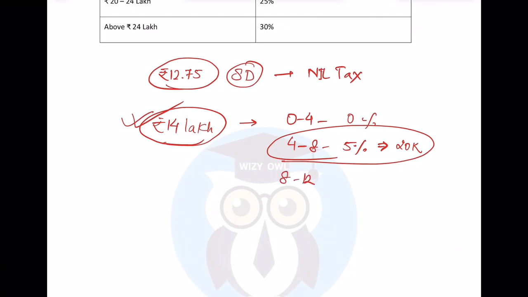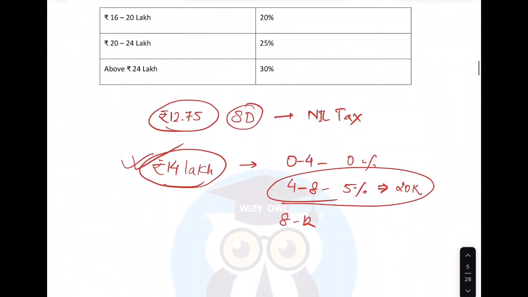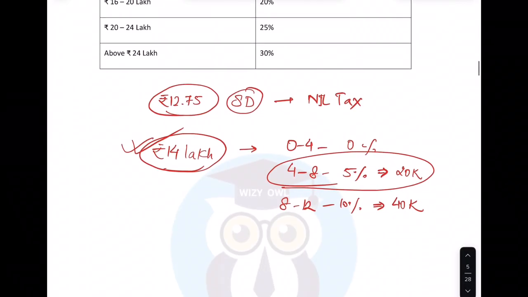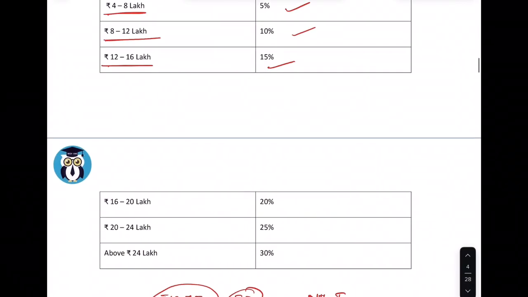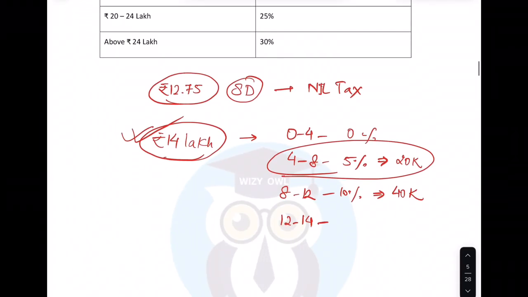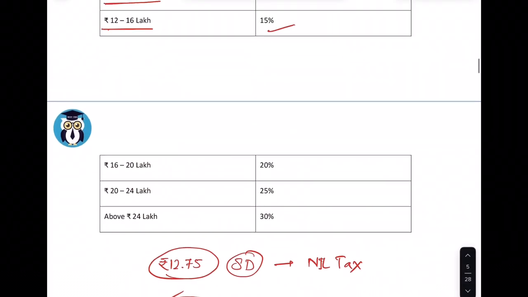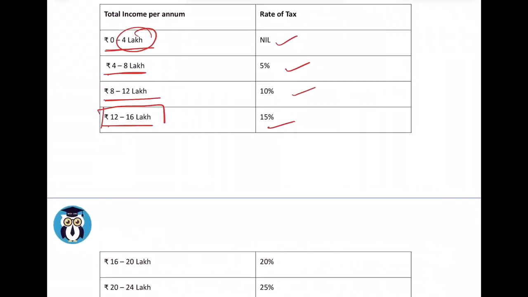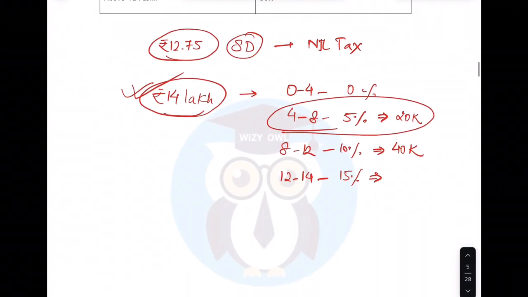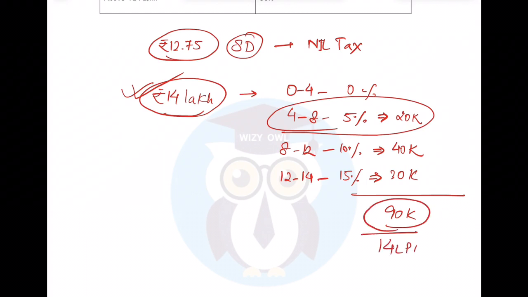Similarly, from 8 to 12, on the next 4, you have to pay 10% tax, which comes out to 40K. Then from 12 to 14, on that 2 lakh, you have to pay 15%, so it will come around 30K. So a total of 90K tax one has to pay.